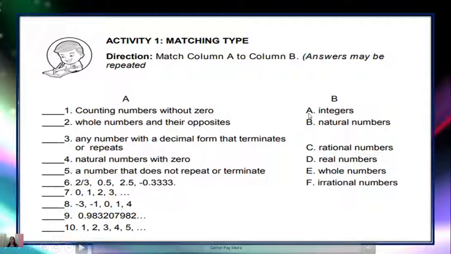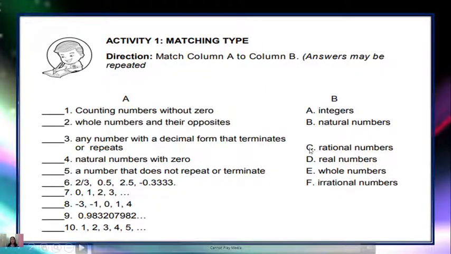In integers, there are negative, positive, and 0. Which one has the larger component, integer or natural number? Integer, because the natural number is a subset of integer. It is within the umbrella of the integer.